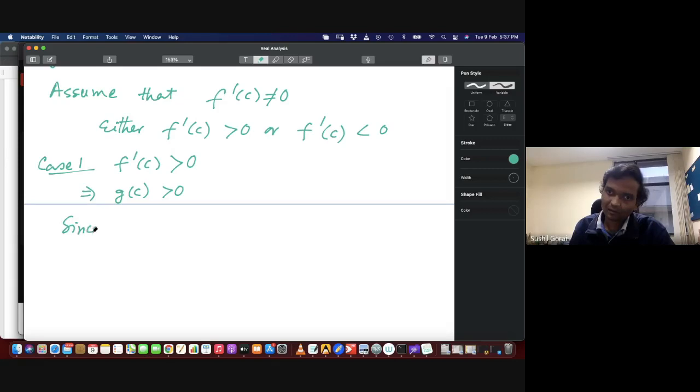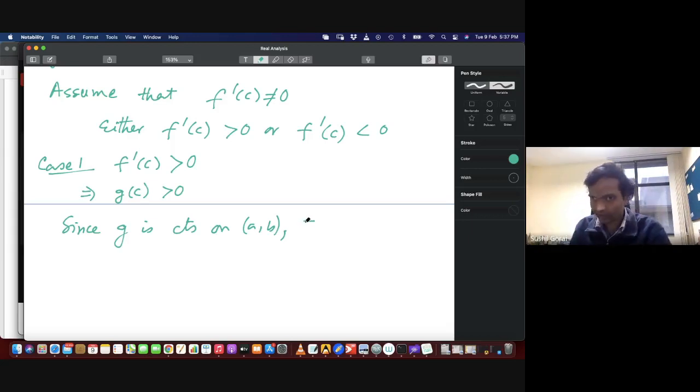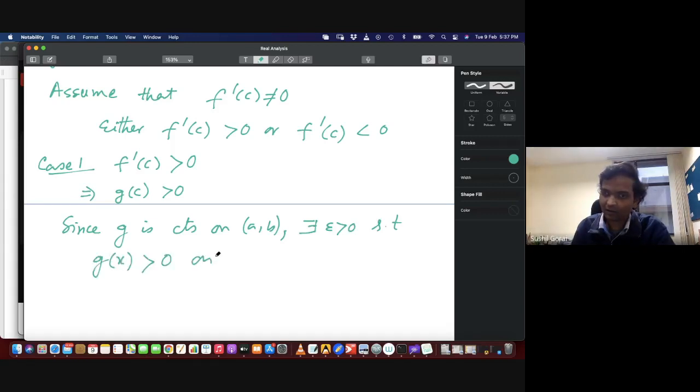Since g is continuous on AB, there exists epsilon greater than 0 such that g of x is bigger than 0 on c minus epsilon to c plus epsilon. All right?